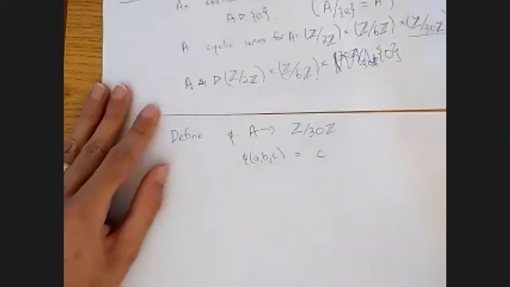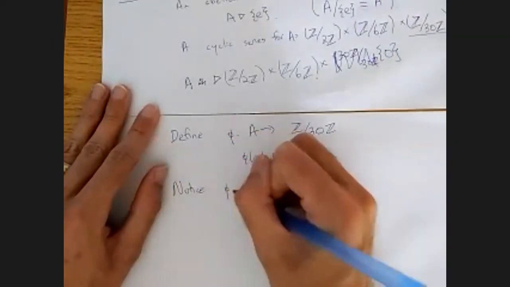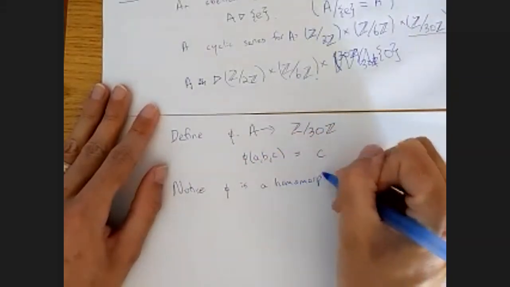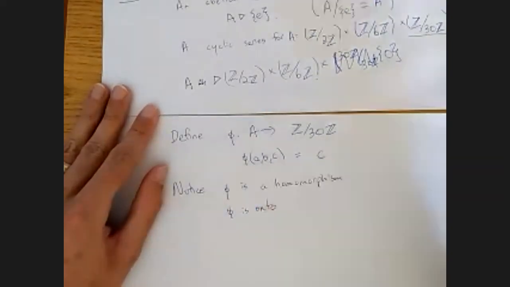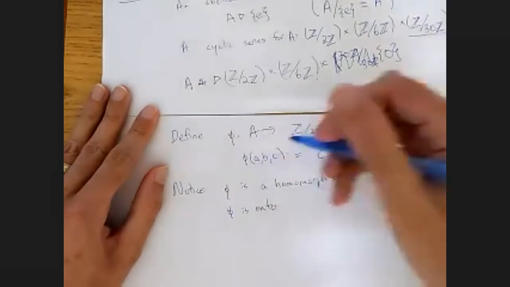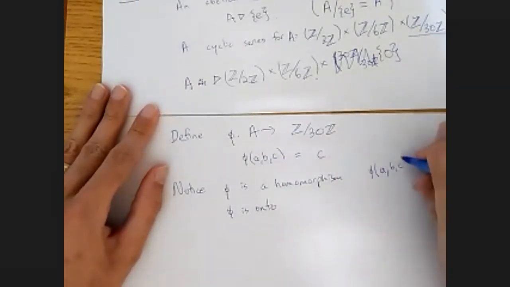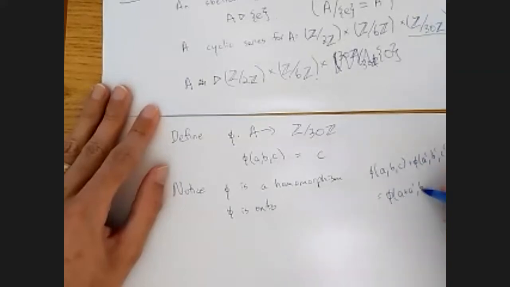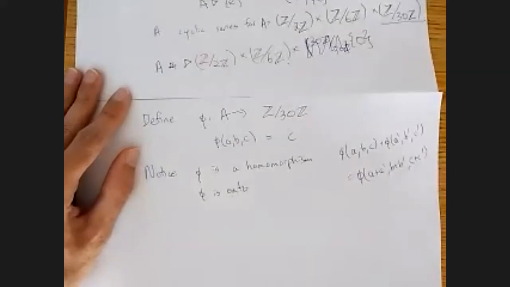So we notice phi is a homomorphism, and phi is onto. Let me write down what a homomorphism means for these groups. It means phi of (a, b, c) plus phi of (a', b', c') equals phi of (a plus a', b plus b', c plus c').